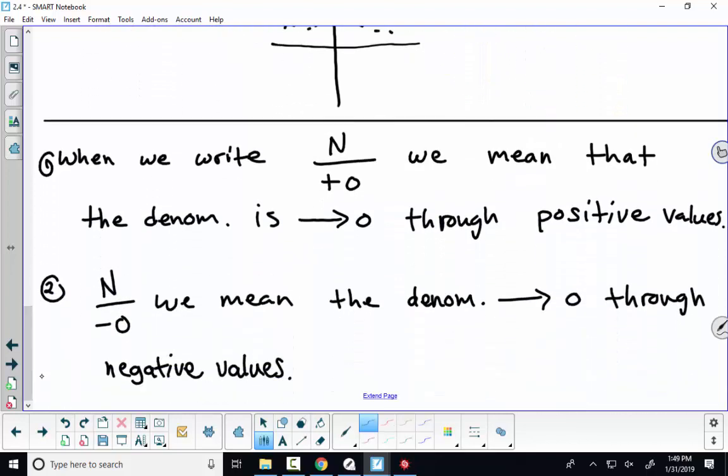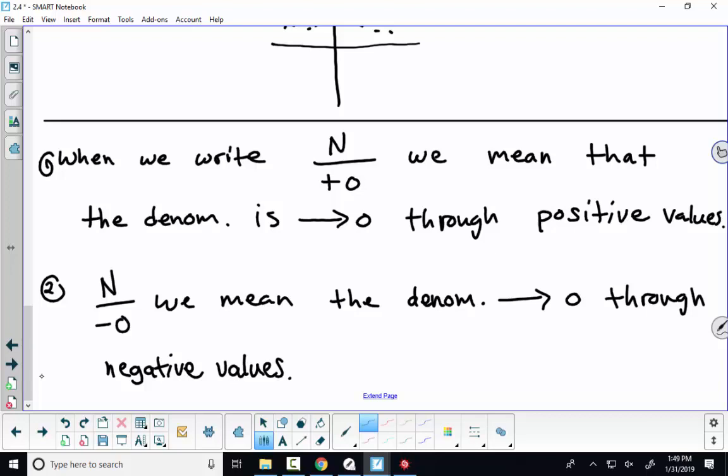Just a note about how we're denoting this stuff in this section. When we write n over plus 0, all we mean is the numerator is approaching some number n, and the denominator is approaching 0 through positive values.